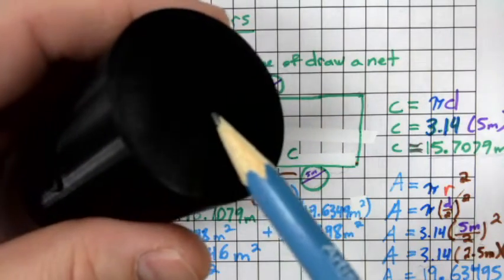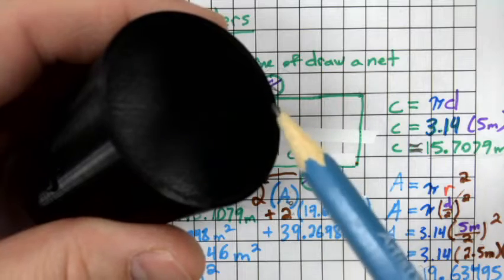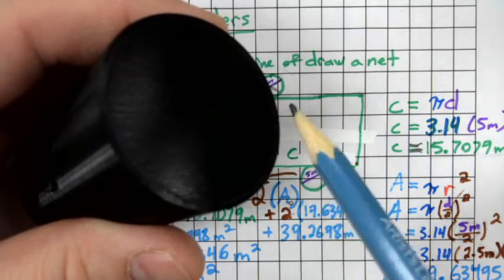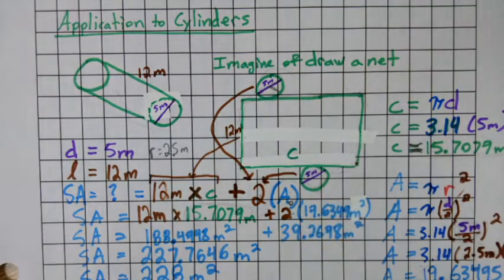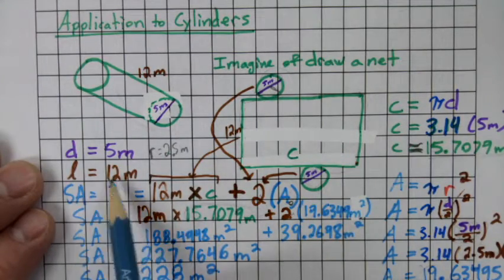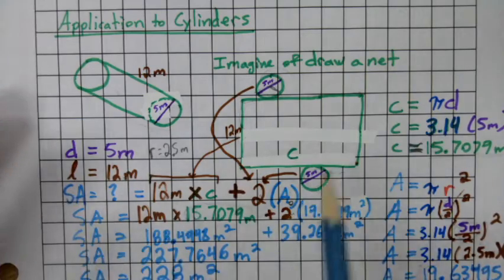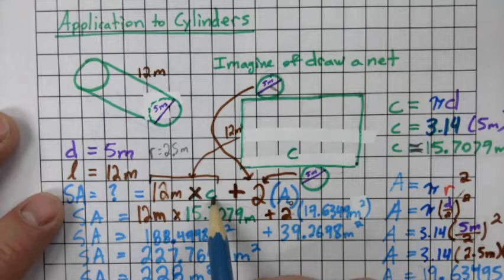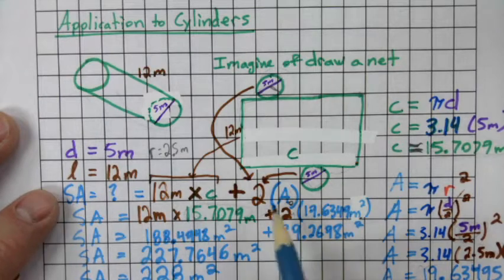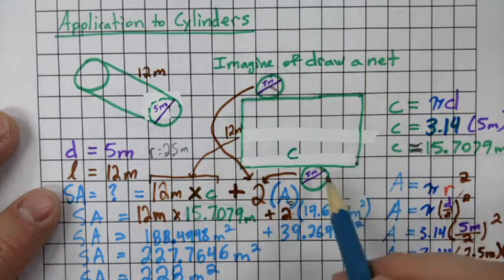And this edge, or radius, would be half of 5, which is 2.5, or we can use diameter, which is all the way across, which is 5. That's what it said here. So the diameter is 5, the length is 12. So to get the surface area of this, the surface area of the rectangle, which is 12 times circumference, plus 2 times the areas of the circle.